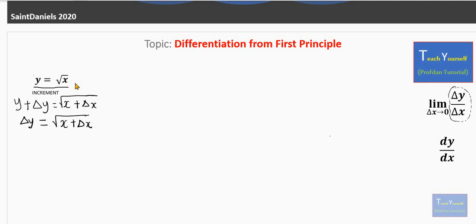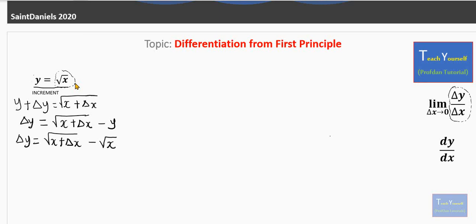When y goes to the right side, it becomes minus y. My increment in y is now root of x plus increments in x minus y. Remember that this y from the question is rightly given as root of x. So anywhere we say y, we replace it by root of x.